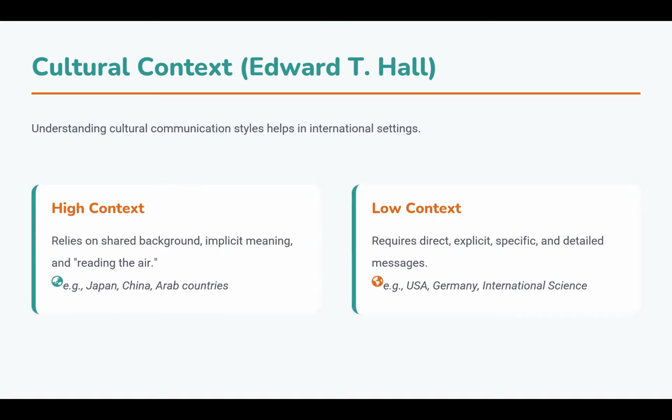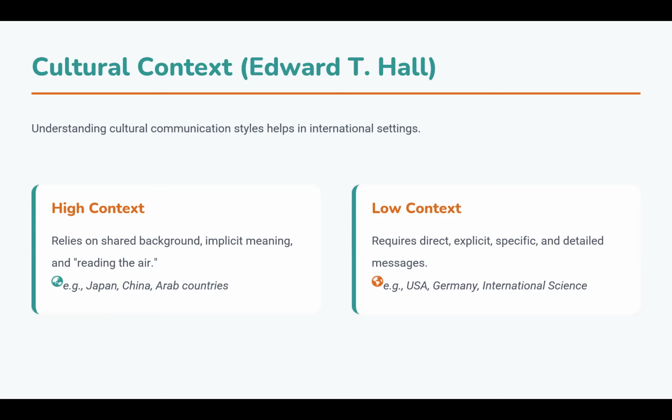So keep in mind that Japanese, Chinese, Arabian, particularly Middle Eastern, and of course Indian, Vietnamese, and Korean contexts are highly culturally sensitive.